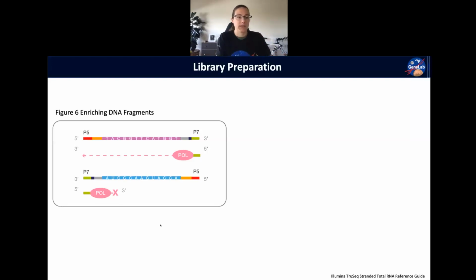Because we're making copies of it. And so when we go and take our solution and load it onto our flow cell, the likelihood that we might get not only the original part of that gene, we could also get a copy of that gene that we made artificially during this PCR step.